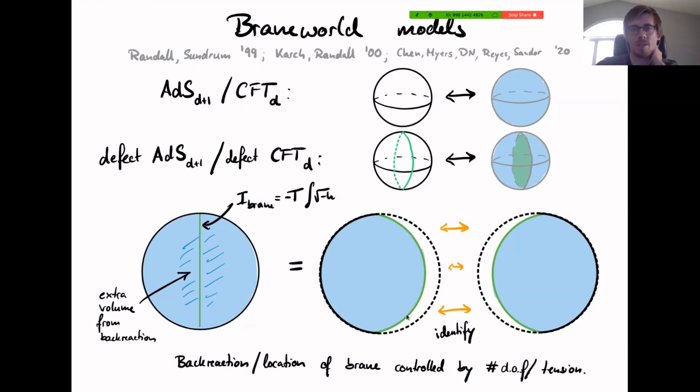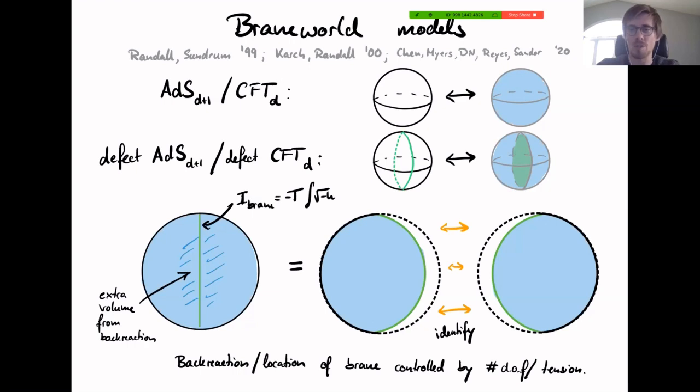Thanks. Okay. I just have another question. Yeah. Usually when you have this cutoff surface, that somehow corresponds to some kind of coarse graining of the UV degrees of freedom. So is the defect somehow related to that? We will see that exactly this becomes very important for these doubly holographic scenarios.